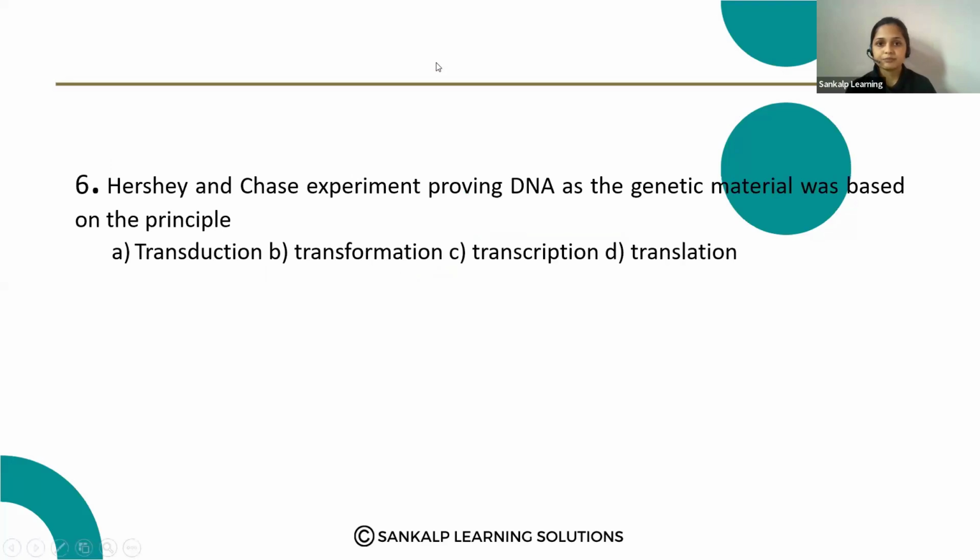Next question. Hershey and Chase experiment proving DNA as genetic material was based on the principle of transduction, transformation, transcription, or translation. Here, Hershey and Chase proved the DNA as a genetic material based on the transduction principle.